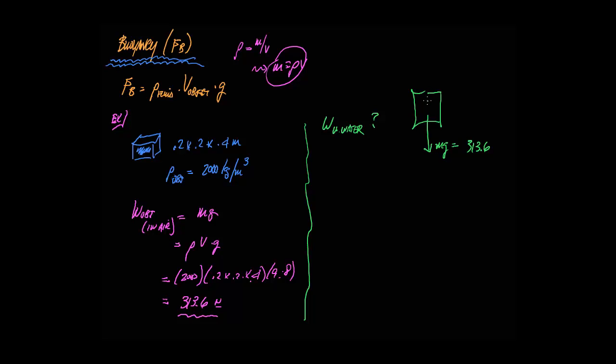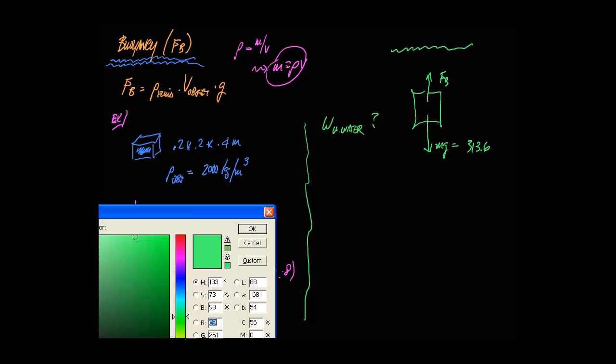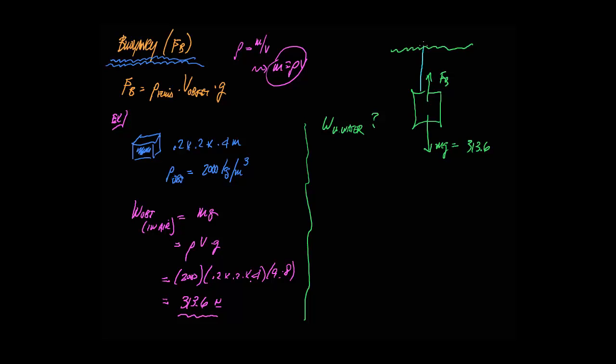But there's this buoyant force that makes it appear lighter. So what we're really trying to find out is, if we hang this from a scale underwater, what is that going to read? If we hang it just in air, it's going to read 313.6. But what does it weigh underwater?